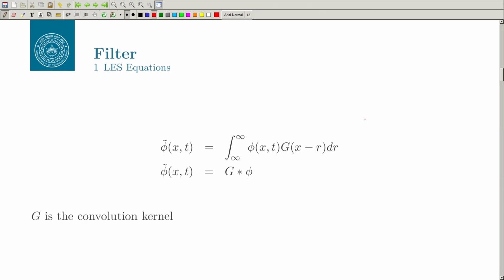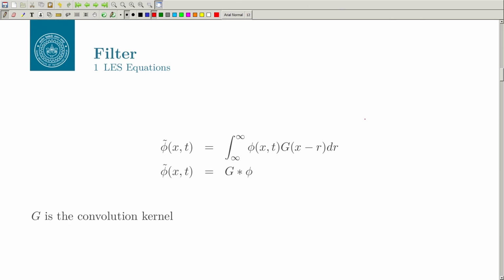This filter may be explicit or implicit, in the sense that the grid itself may act as a filter, or you may put a mathematical filter to filter your Navier-Stokes equations. In the most common practice, we do not apply an explicit filter, and this is due to Smagorinsky, who said that your grid can be used as a filter. Because ultimately what we are trying to do is that for the smallest grid size, we want to model some kind of dissipation.